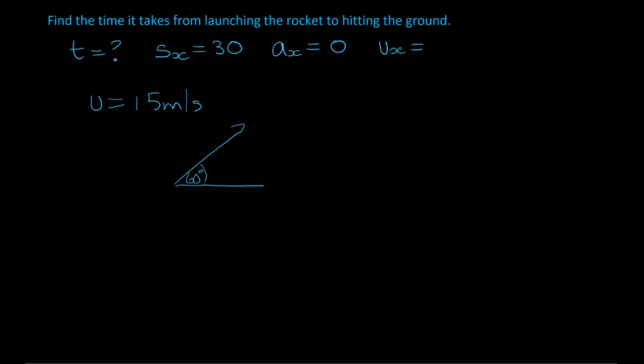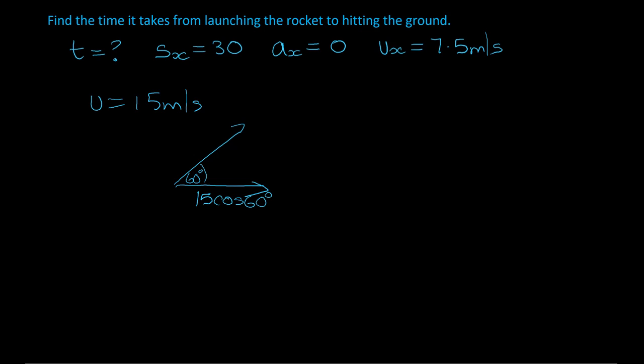We want this adjacent component, so that is 15 cos 60 degrees, which is half of 15, so 7.5 meters per second.